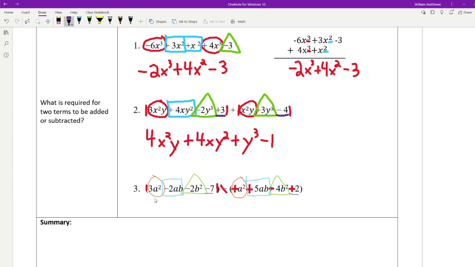So in this case, I did use the negative in the middle, so I can just combine them exactly as is.